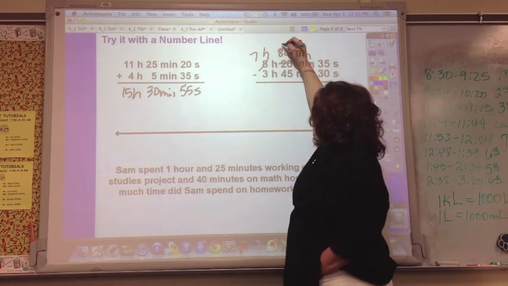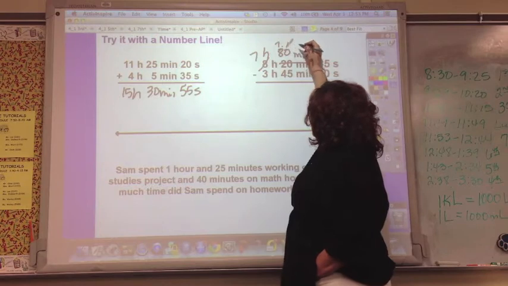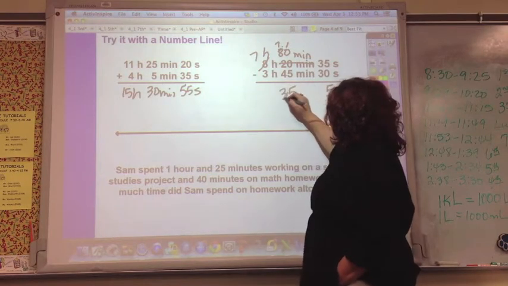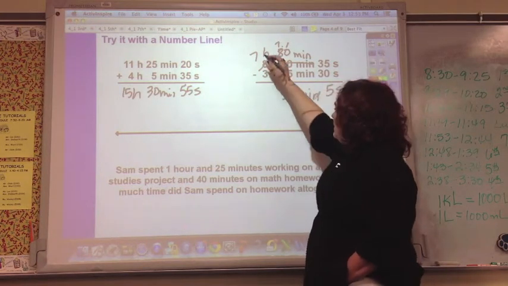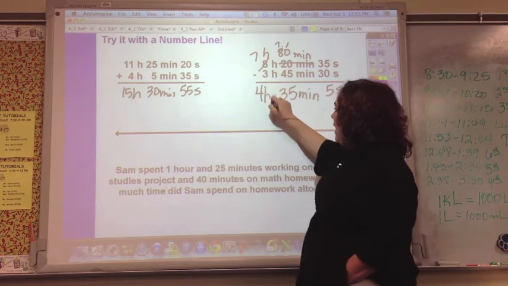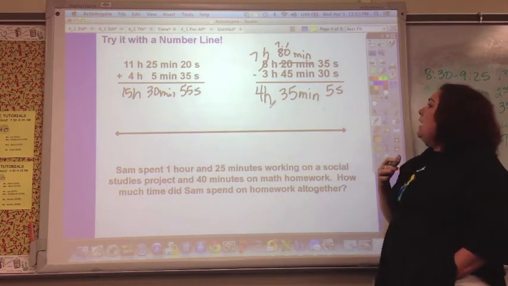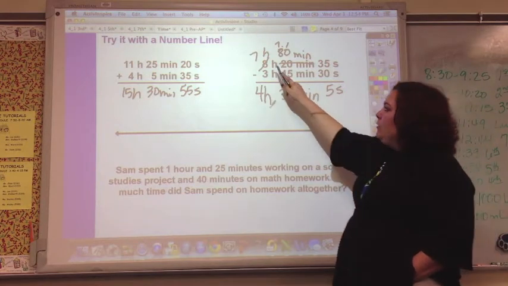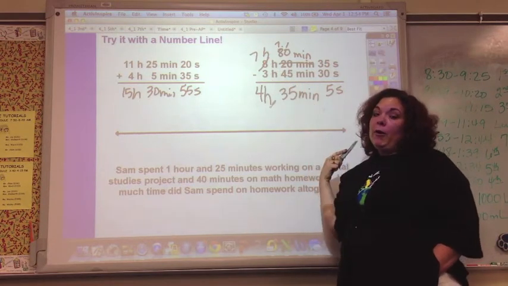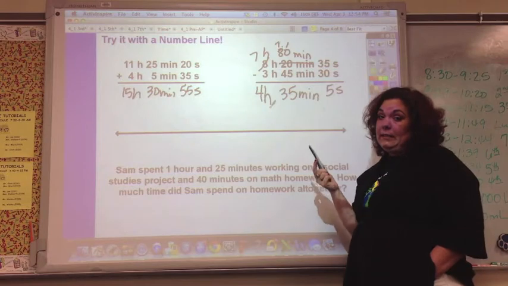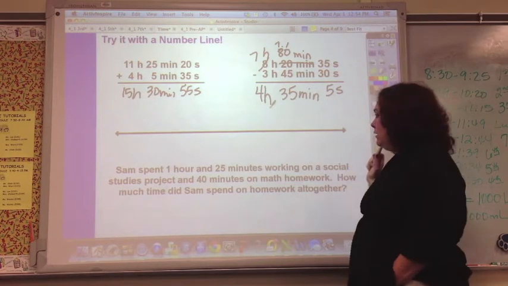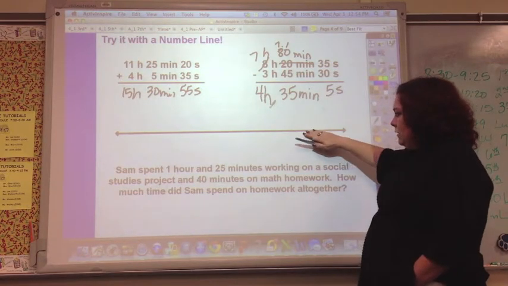And 80 minus 45, that's 35 minutes, and 7 minus 3 is 4 hours. So you can see it's all lined up. And so if you're borrowing, you're not borrowing 1 or 10, you're actually borrowing 60 minutes or 60 seconds. So you can also use a number line.